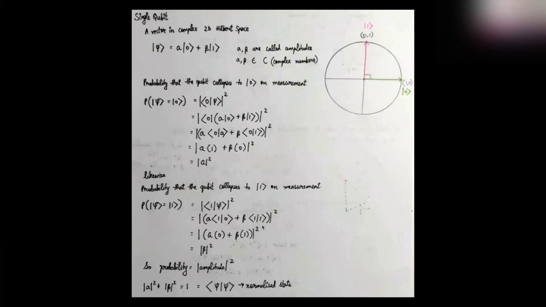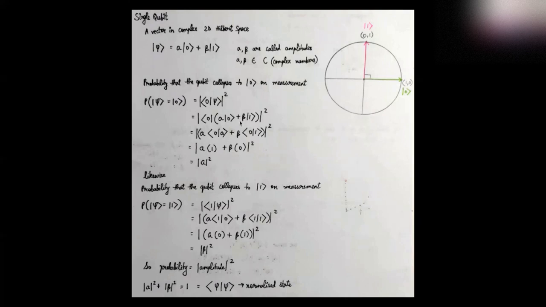Likewise, when we do the same thing for measuring it in state 1, we get beta squared. So this points to the fact that the probability of being in state 0 can be taken as the square of the amplitude before it, and the same for state 1, like we've discussed earlier as well.